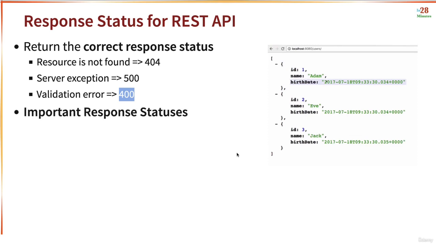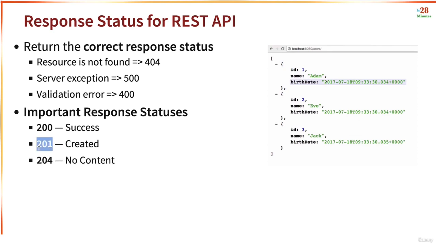Let's quickly look at a few other important response statuses. 200 is success. For most of the REST API that we have created until now, we have been returning a status of 200. Another response status is 201, which is created. When you execute a post request and a new resource is created, that's when you would return a created response status. This is represented by 201.